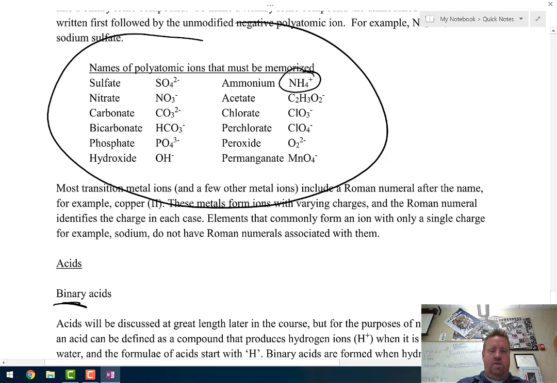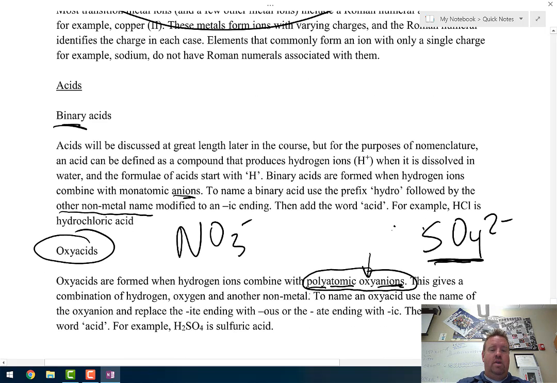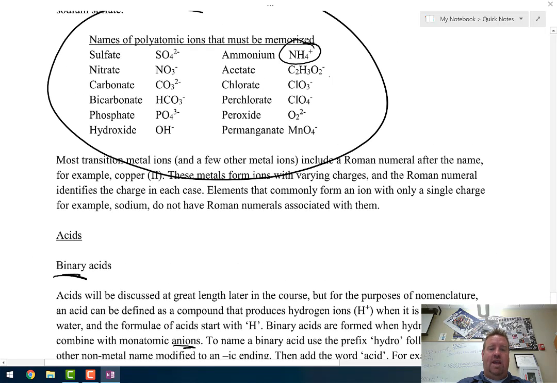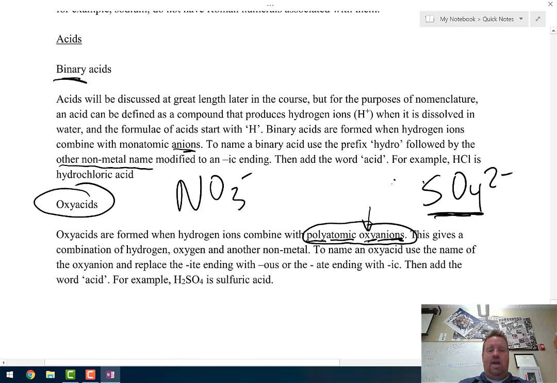Obviously, here's ammonium with its positive charge. But again, we're looking for polyatomic oxyanions. So they have to be anions, they have to be negatively charged, which they all are, and they all have oxygen in them. So every single one of these, other than ammonium obviously, is a polyatomic oxyanion.